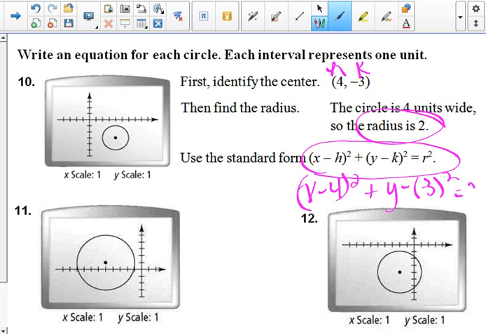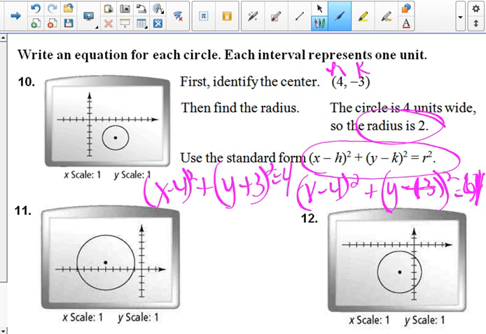And our radius is 2, so 2 squared. So it's going to be y plus 3 squared equals 4. So it's x minus 4 squared plus y plus 3 squared equals 4. And that is our answer.